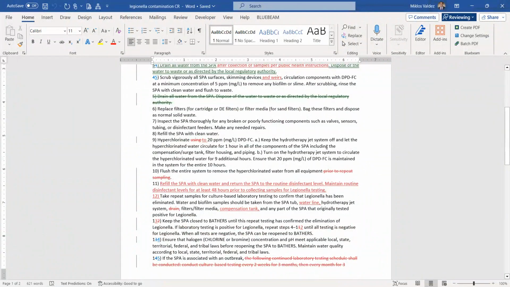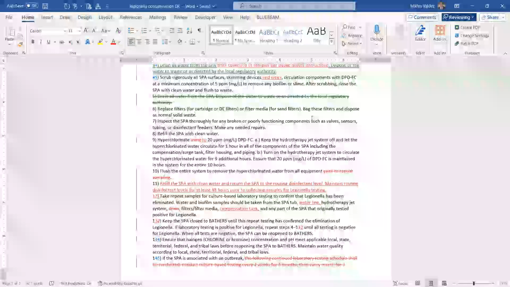Great, thank you, Joe. So I do like it. I think up to number 10 or 11, it's sort of editorial. But then number 11, there is additional direction to refill the spa with clean water and return to the routine disinfection level. Maintain routine disinfection levels for at least 48 hours prior to collecting samples for Legionella testing.